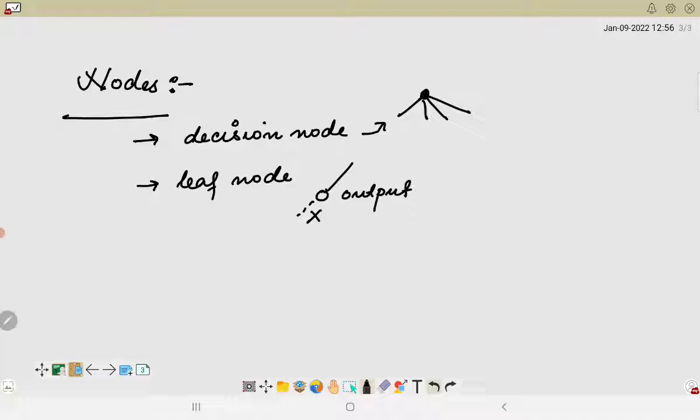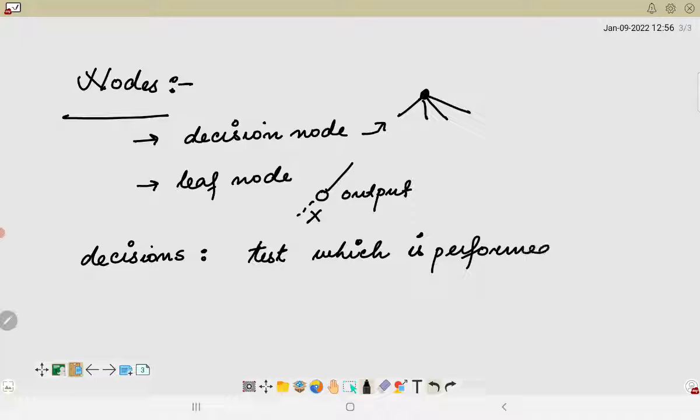And if we are considering decisions, what do these decisions represent? These decisions are the tests or the analysis which is performed depending on the data set.